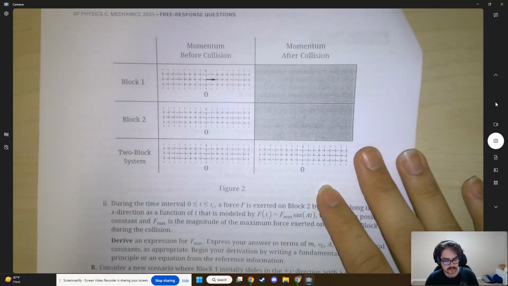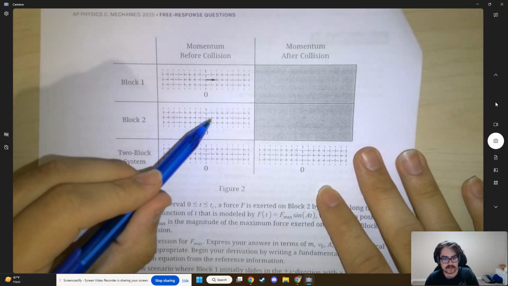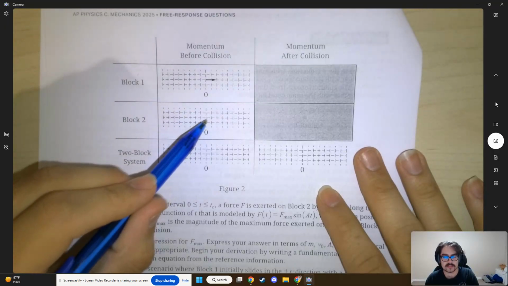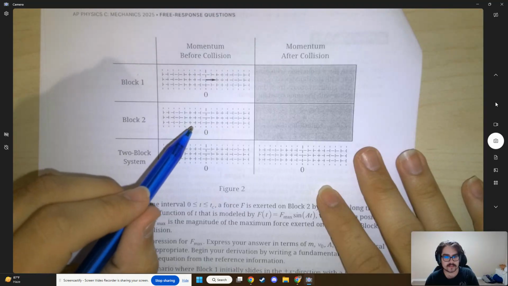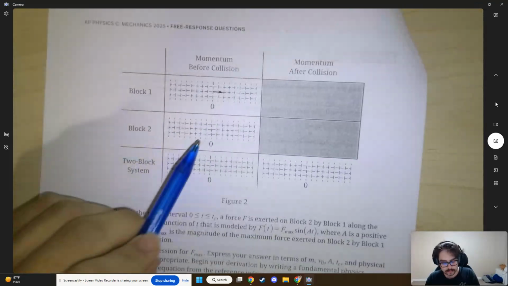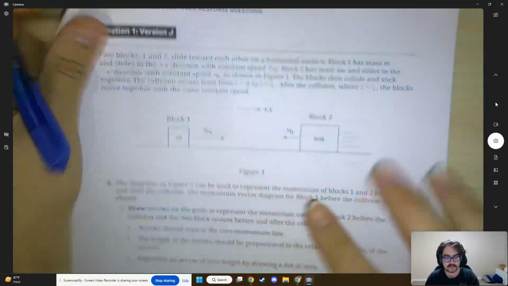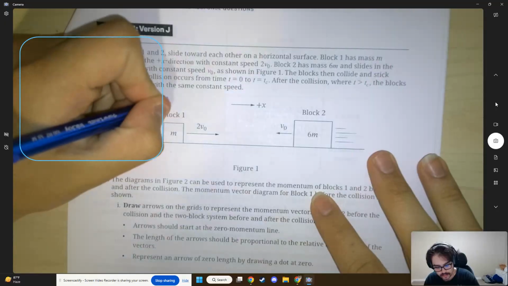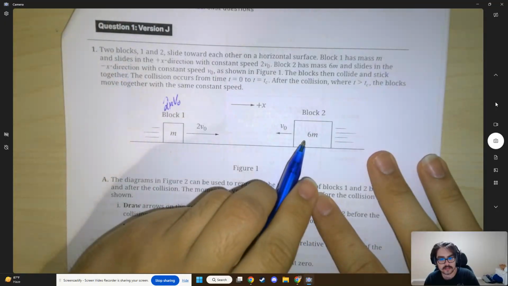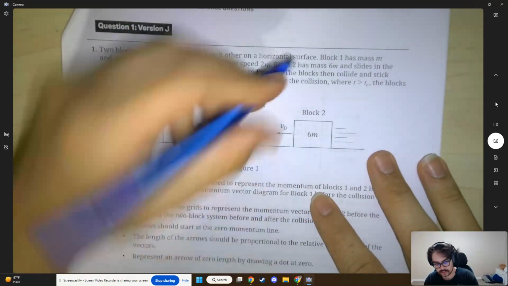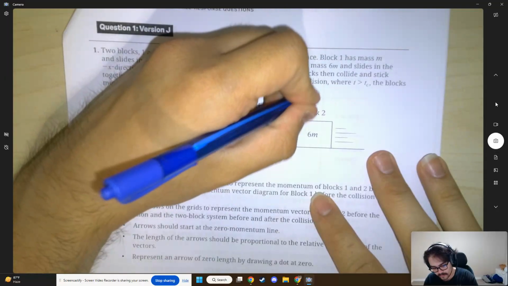By the way, each little square is basically 1 mv naught. So block 1 is going to the right with 2 mv naught, and we know that because the momentum is 2 times m v naught. Block 2 is going in the negative direction with 6 mv naught.